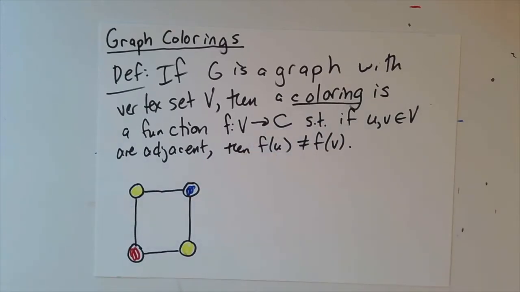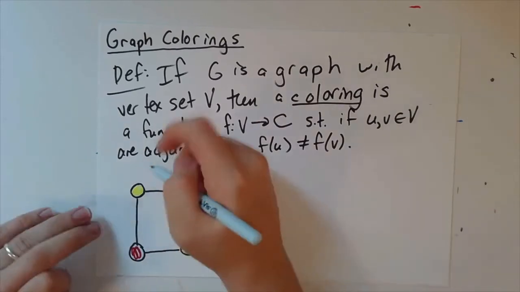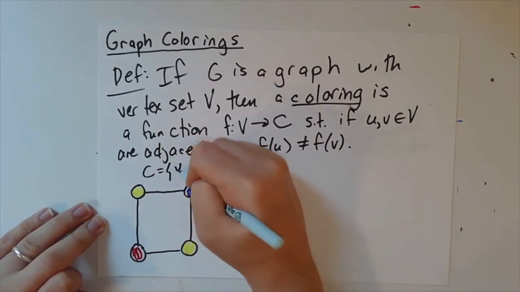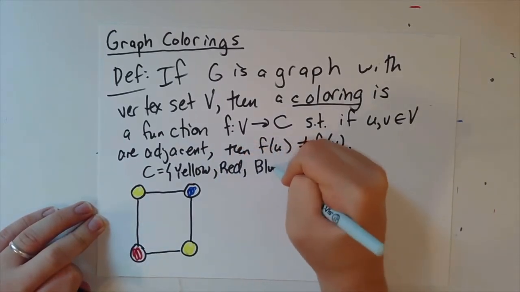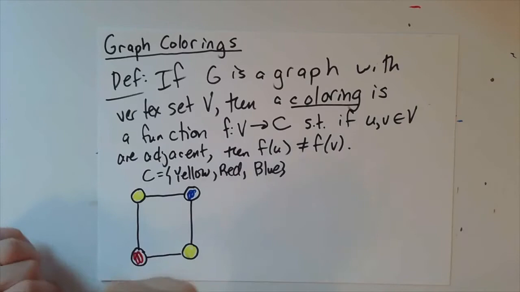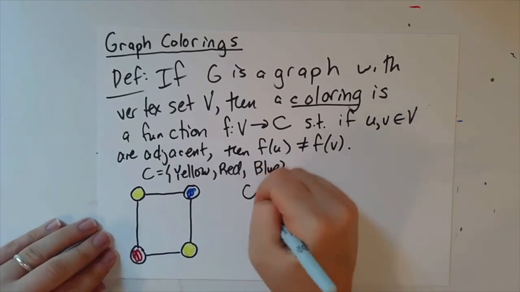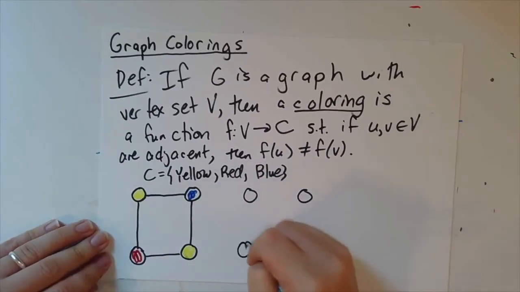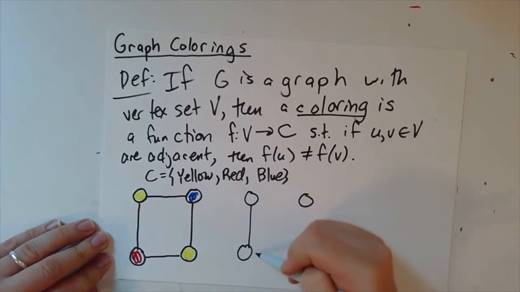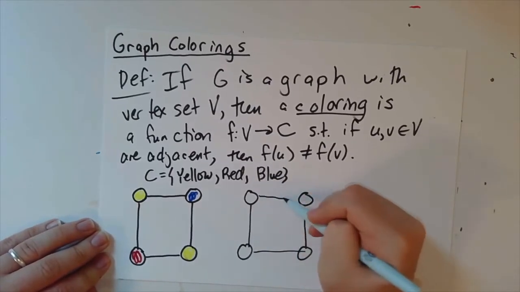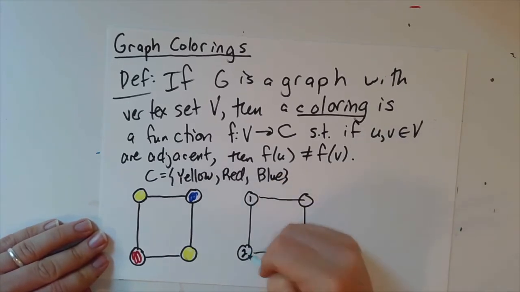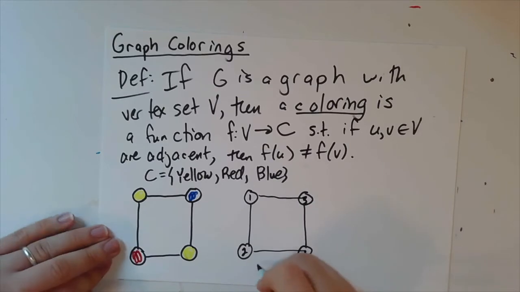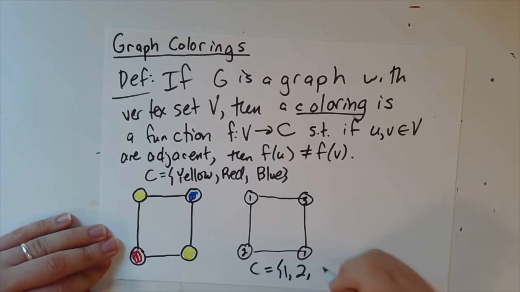And this is a coloring of this graph using the set of colors yellow, red, blue. If you're boring, you can put numbers in instead of colors. If you would feel more like you were doing math, you're welcome to say color 1, color 1, color 2, color 3, and then say my color set is the set 1, 2, 3.